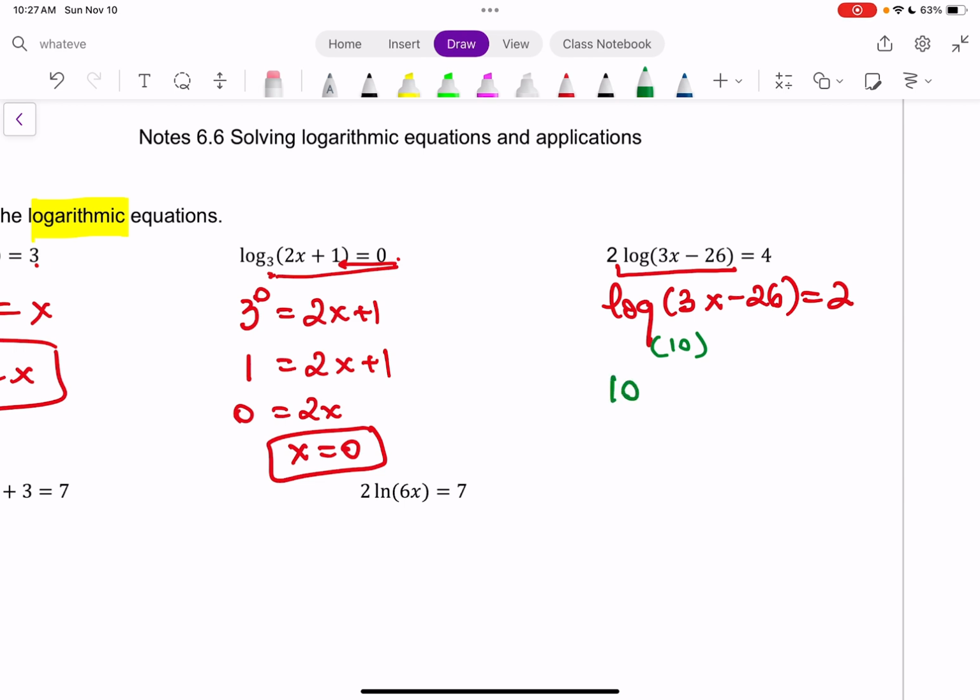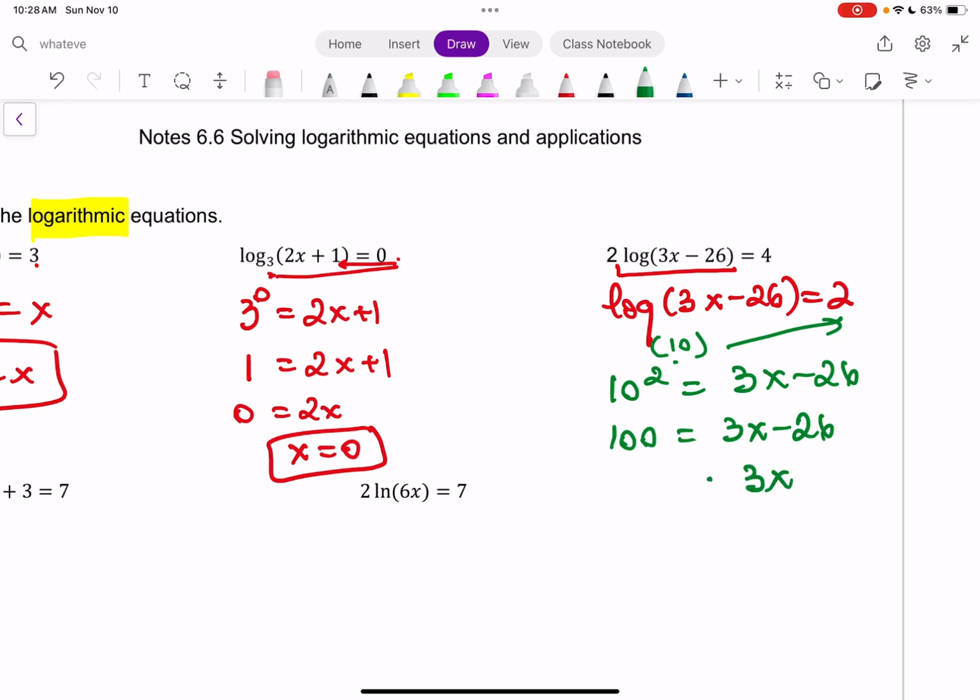But we know it's there, same as a square root, right? We know that 2 is there in the index of the radical, even though none is written. So 10 to the power of 2 equals 3x minus 26. And so, of course, that's a number we know of. Keep solving here.